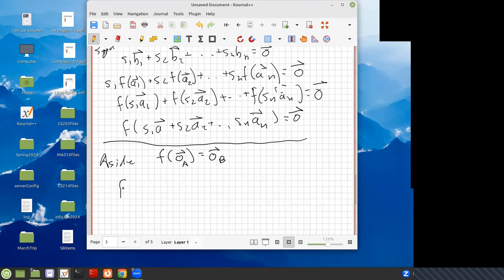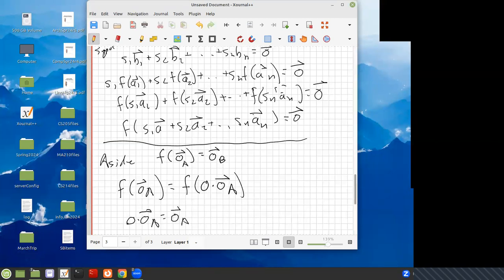Well, F of the 0 vector in A is equal to F of the number 0 times the vector 0 in A, because 0 times any vector equals the 0 vector. So in particular, it takes the 0 vector to the 0 vector.